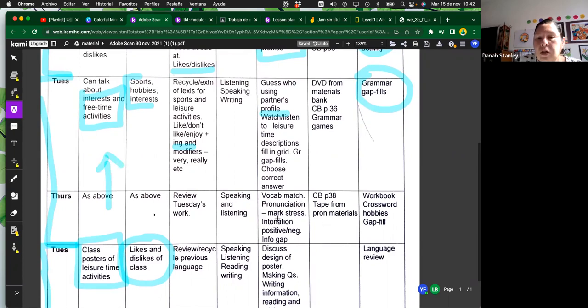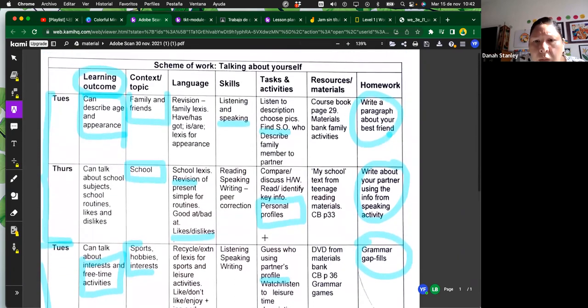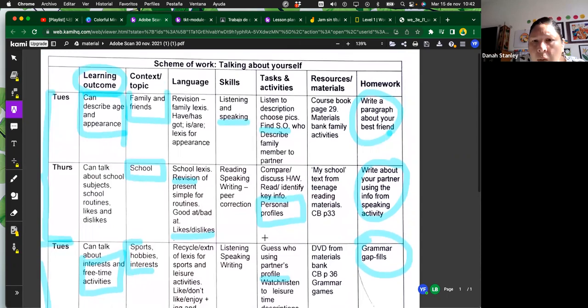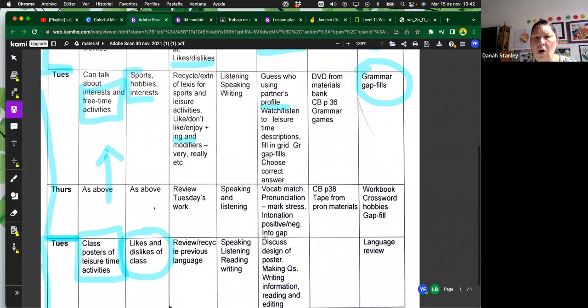Vocabulary, match, pronunciation, mark stress, intonation, positive and negative that they were working. I don't know if they worked with that previously or I'm confusing with the other lesson plan. Course book 38, taken from pronunciation materials.